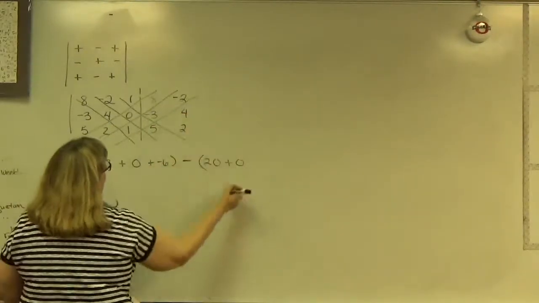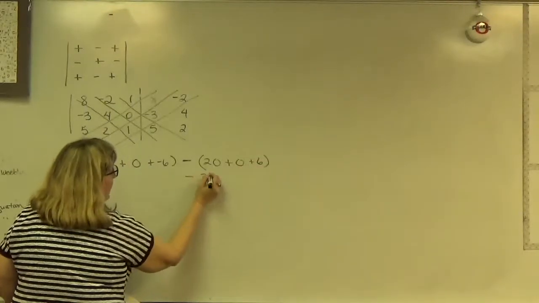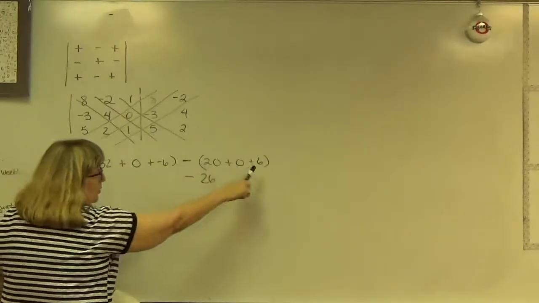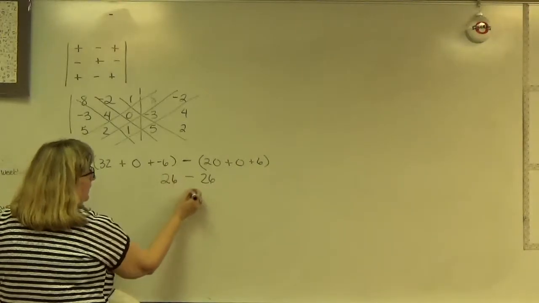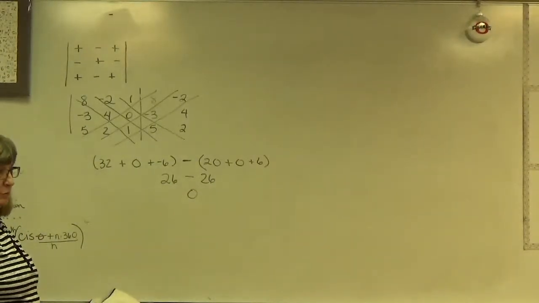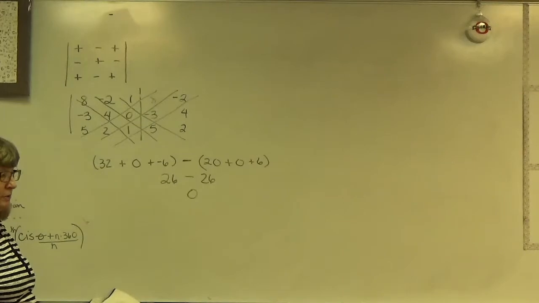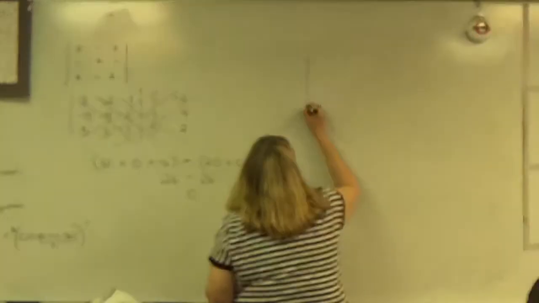Third one, -6. Positive 6. Oh, yeah. So there I get a negative 26, right? I get 26, but I'm going to be subtracting it. Here I get, and what do I get? 0. So I just used that one to show that we did get the same results. Is everybody okay with that? Yeah. Okay, now let's do one that you write down for your notes.